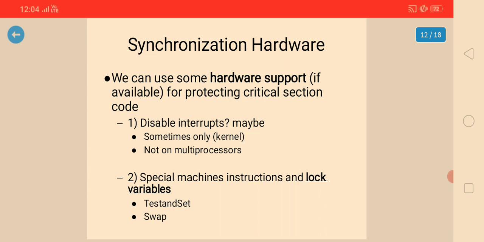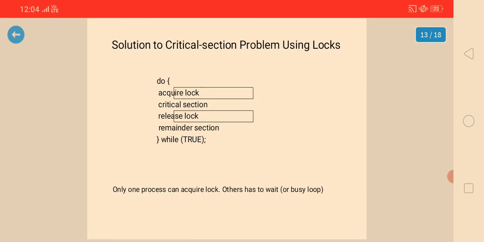So why do we need this hardware synchronization? It makes the critical section more efficient for running these processes on the system, so the result will be efficient. For that reason we are going to synchronize this hardware and software for the critical section.